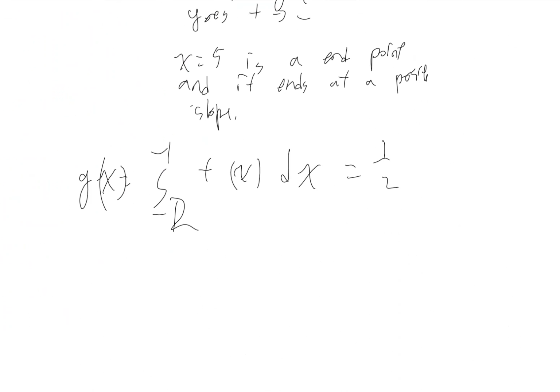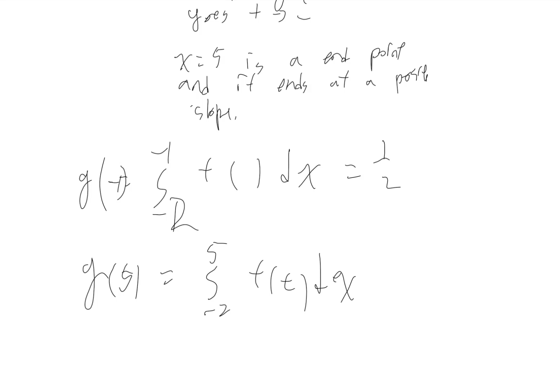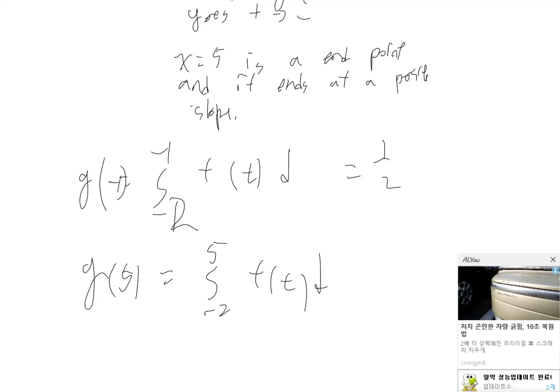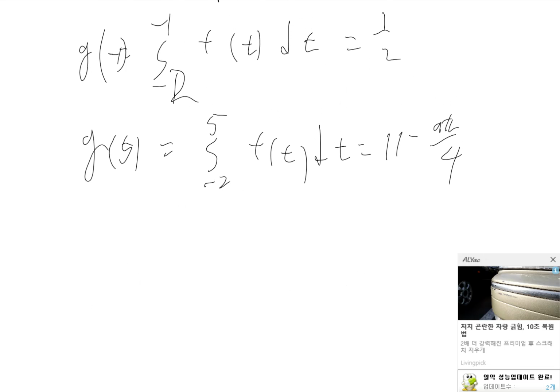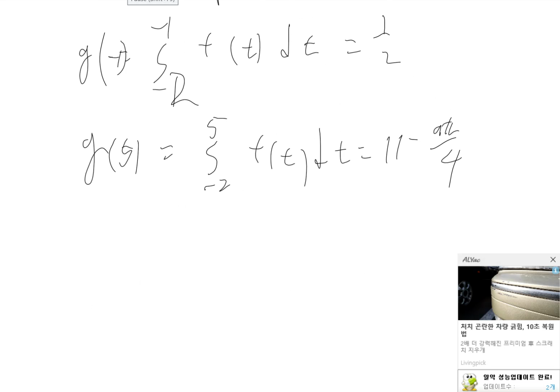So we already found this, so it's 1/2, and then same thing, g of 5 is the integral from -2 to 5 of f of t dt. I meant to say t here. It's kind of important you say t, because you can't use x twice. And that is 11 minus 9π/4.